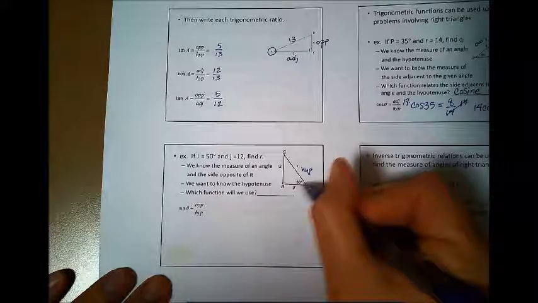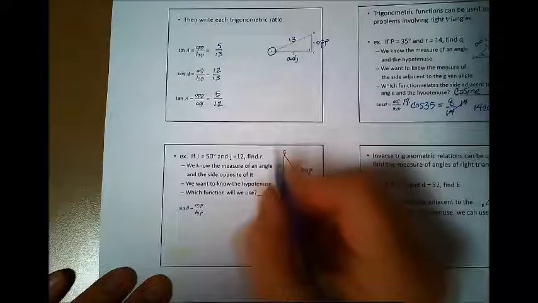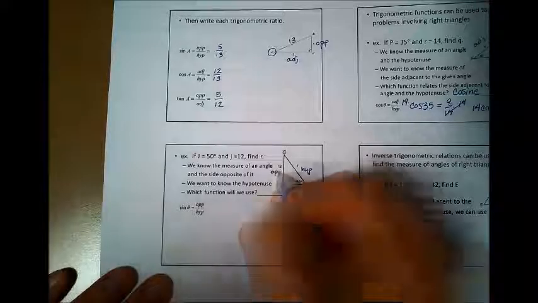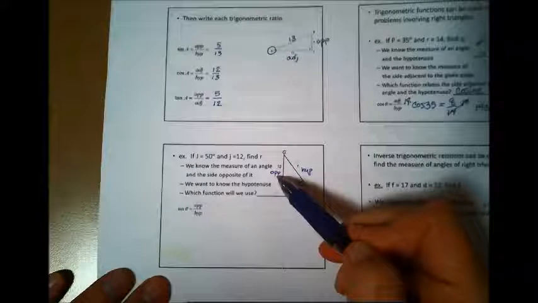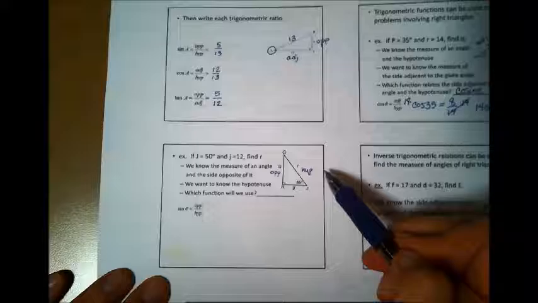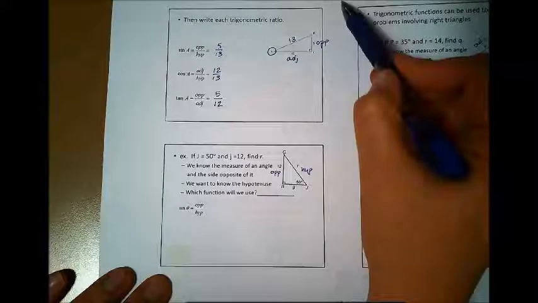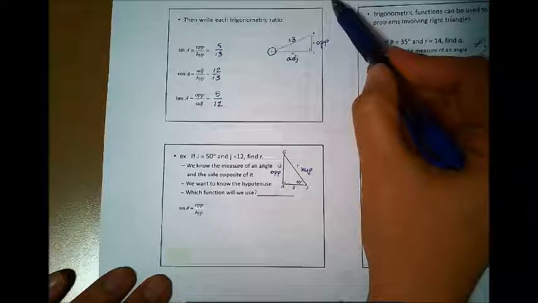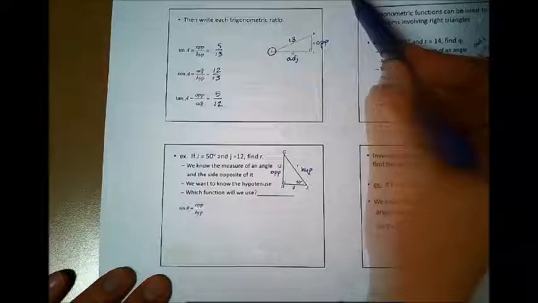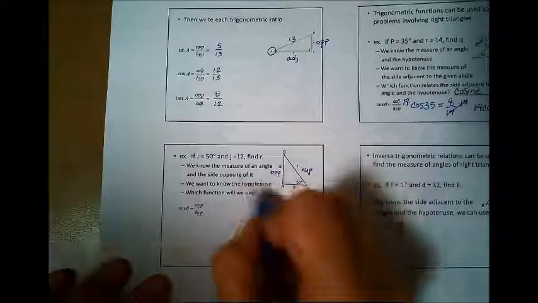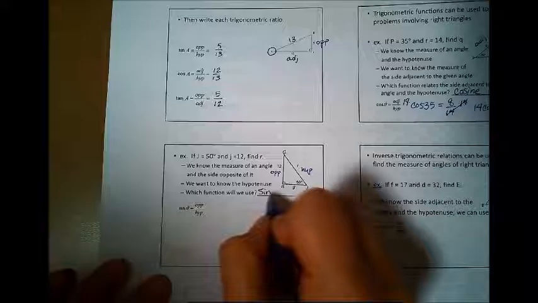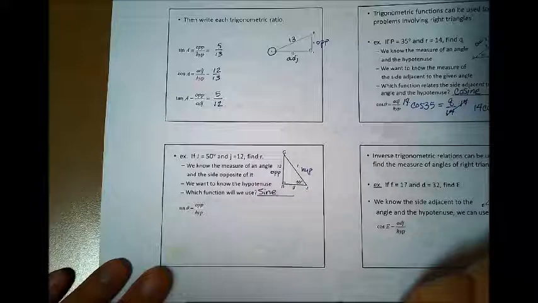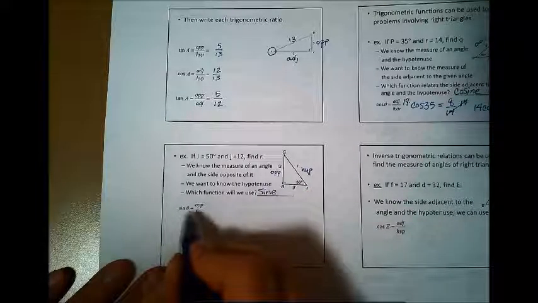This is the adjacent. This is the opposite. So we're looking for something that deals with the opposite and the hypotenuse. Looking back at SOHCAHTOA, the opposite and the hypotenuse are sine. So sine theta is opposite over hypotenuse.